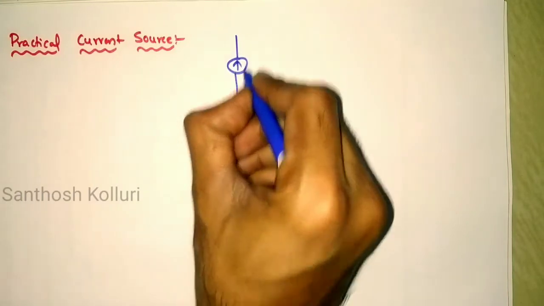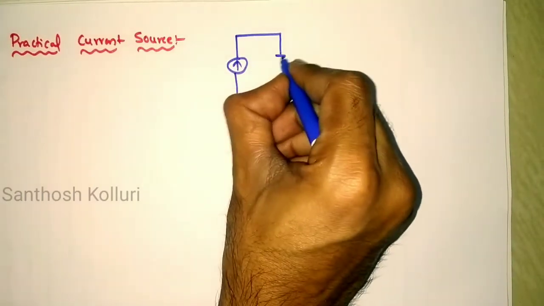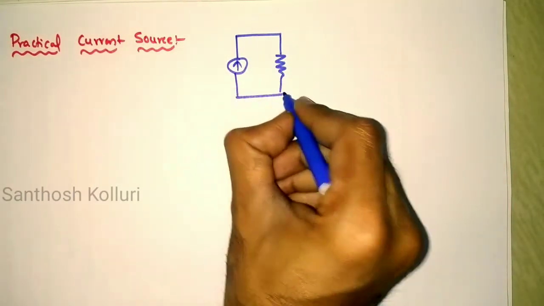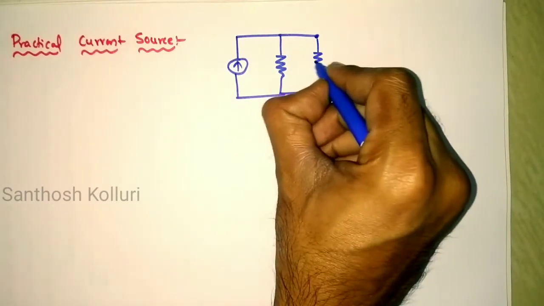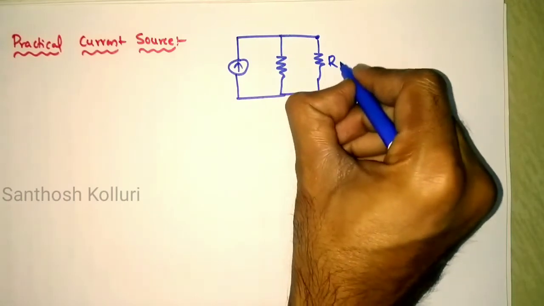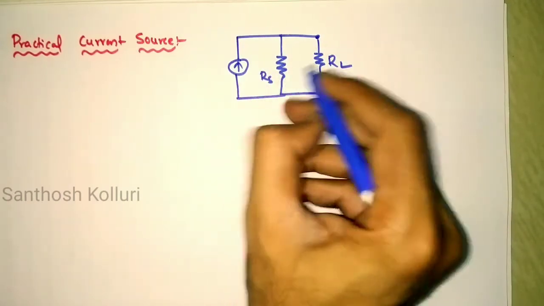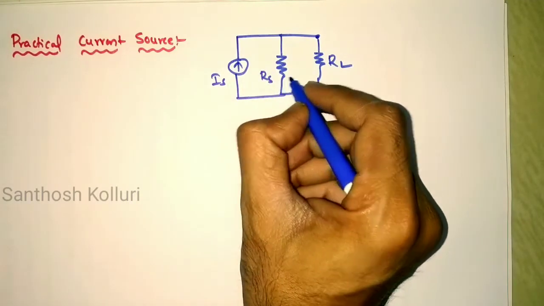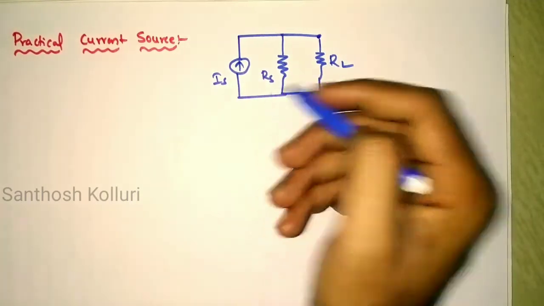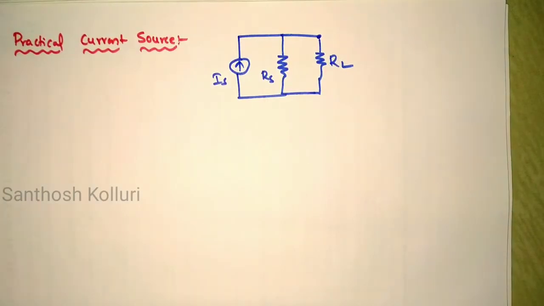This is the current source, and the internal resistance of the current source will be connected in parallel with the current source here, and this is the load resistance RL. This is the source current IS, and this is the current source internal resistance RS.